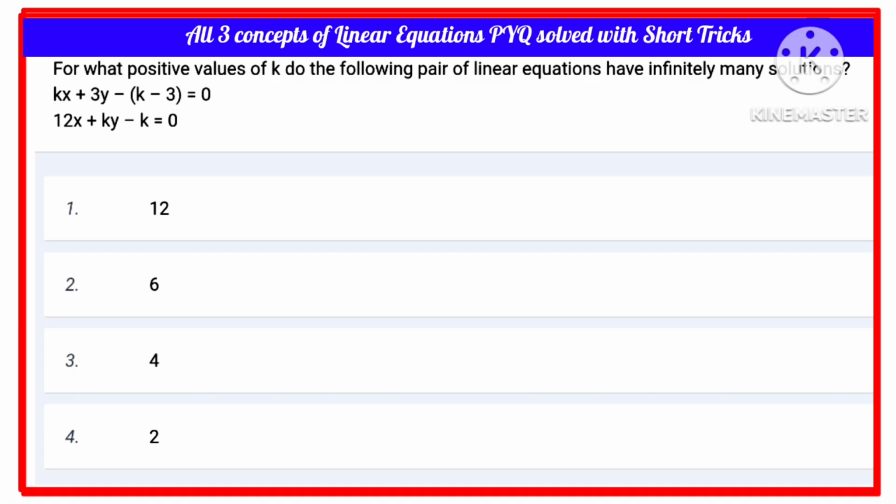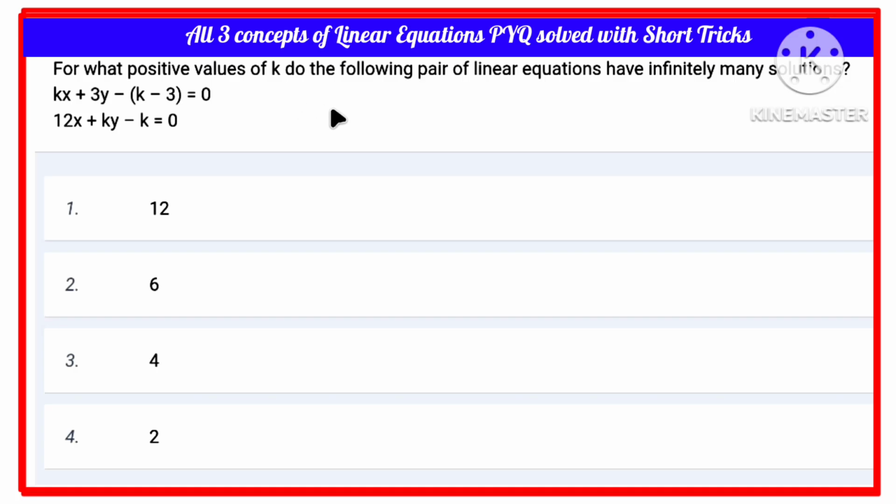In this question, you are asked for what positive values of k the following pair of linear equations have infinitely many solutions. Always remember, two linear equations will give you two different lines. And if two lines are one above the other, then only they will give you infinitely many solutions.